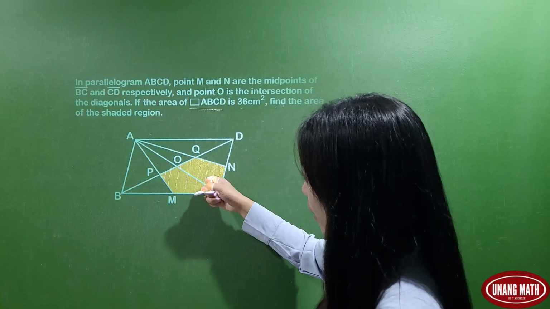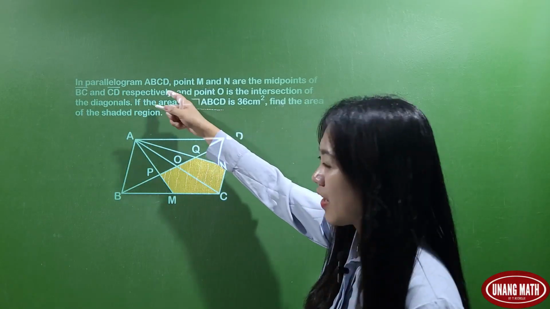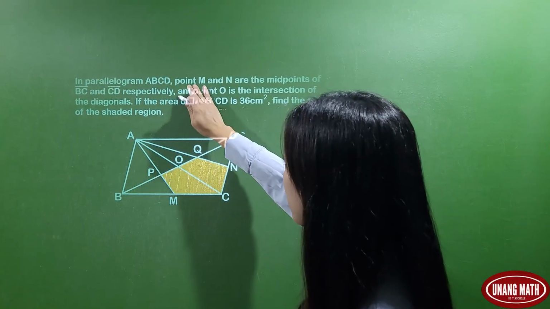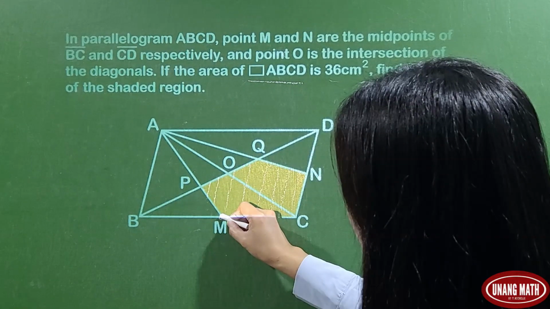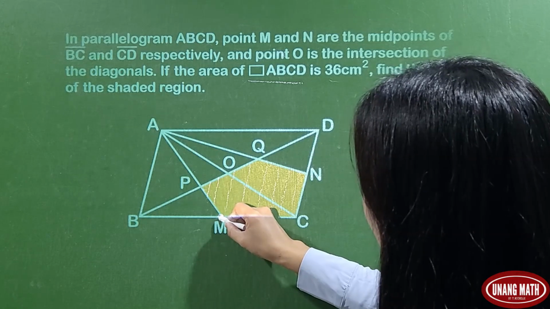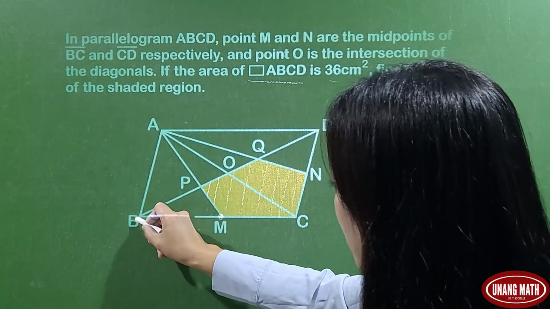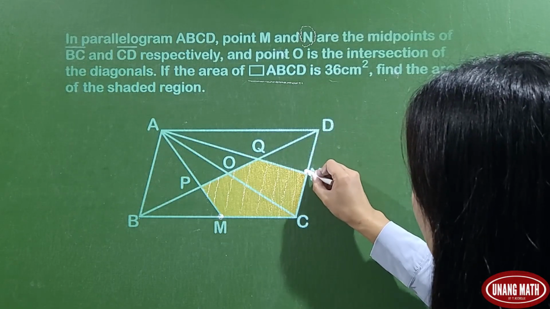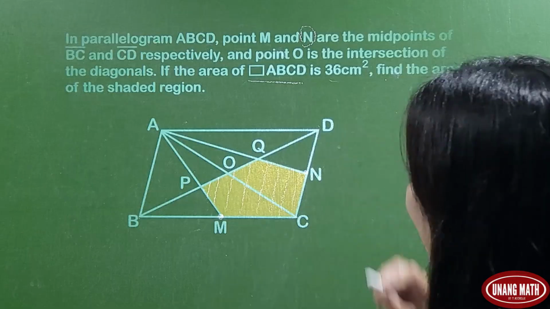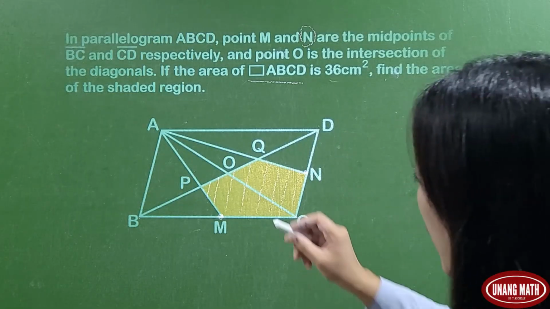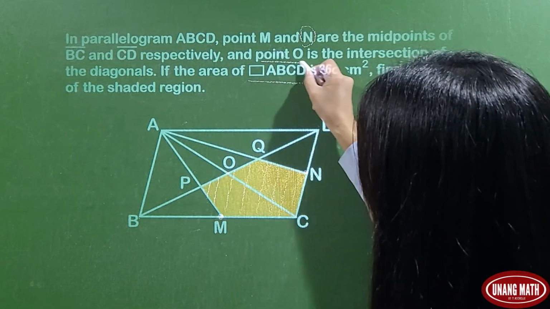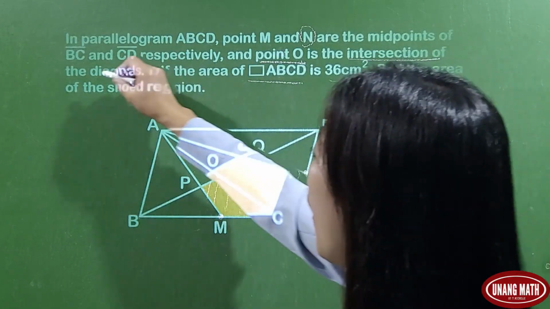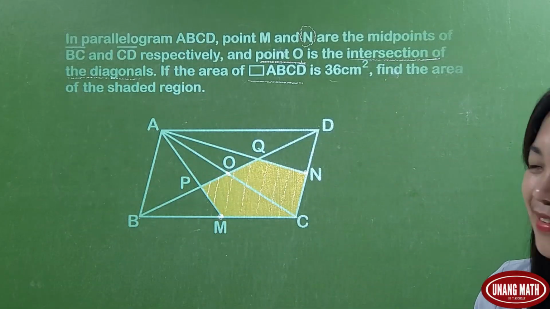Okay, to find the area of this region, let's make use of the given. According to this problem, point M is the midpoint of segment BC. Point N is the midpoint of segment CD. We have here point O, and according to this problem, point O is the intersection of the diagonals.